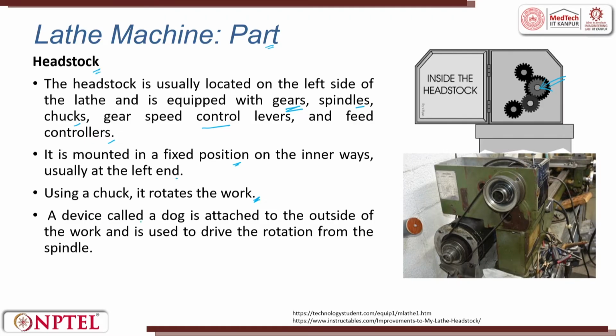The device called a dog is attached to the outside of the work and is used to drive the rotation from the spindle. So, there are two types of workpiece loading. One type of workpiece loading is you directly mount it on the spindle. The other way is you have the spindle, then you attach a face plate.